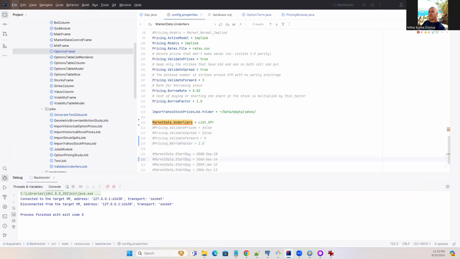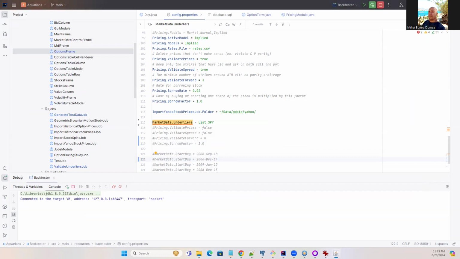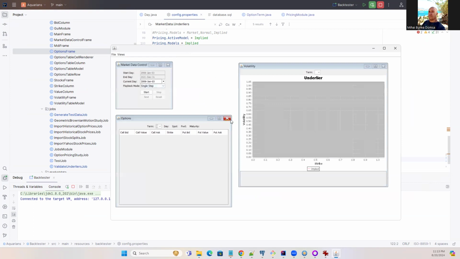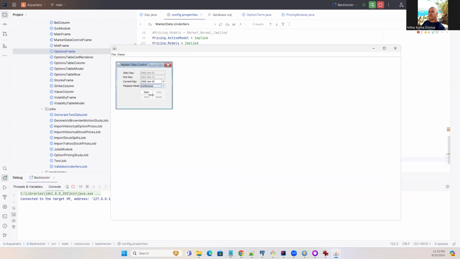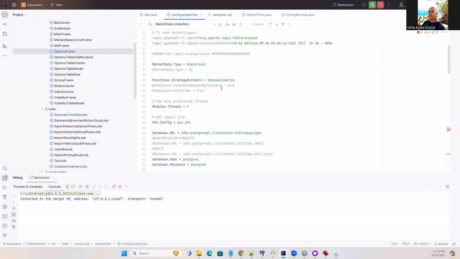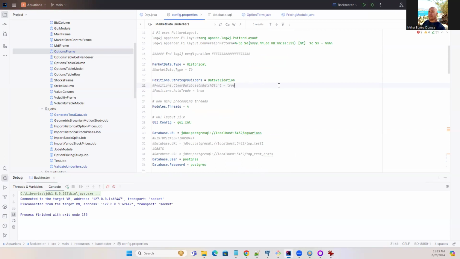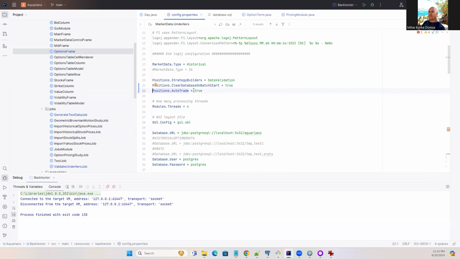So then we can calculate the statistics again for the data. Like continuous. Don't forget to enable this auto trade.